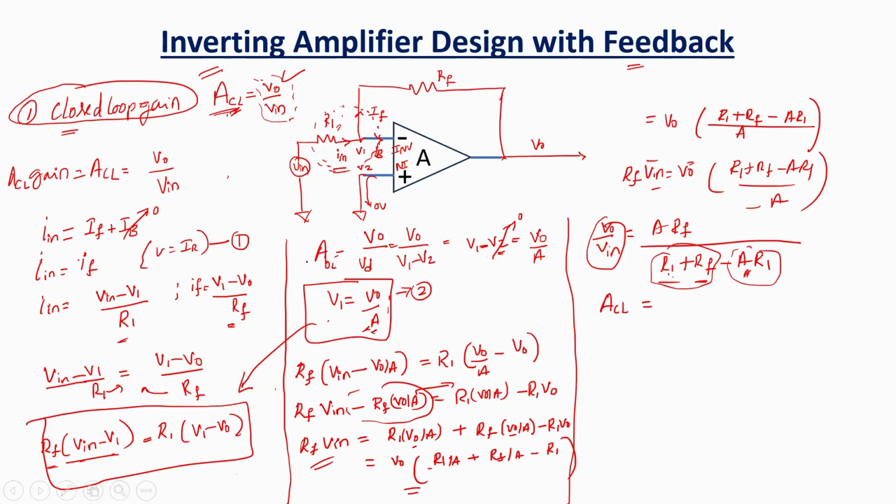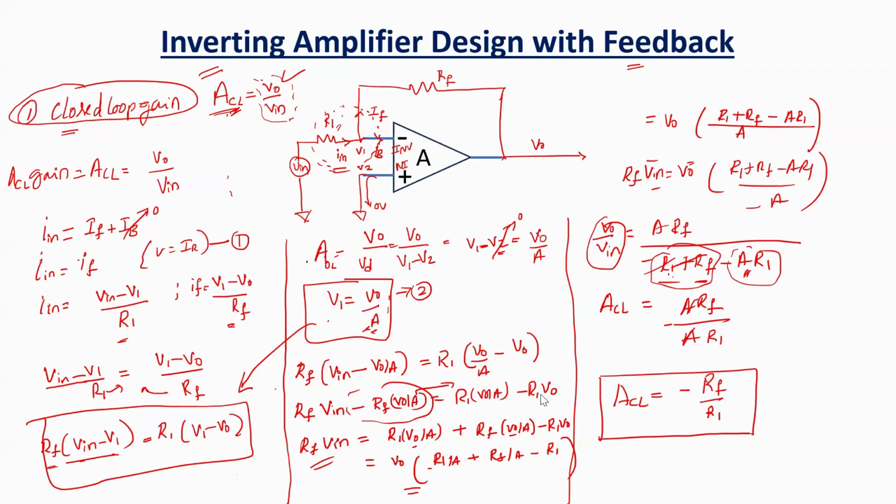So the value will be very huge compared to this resistor; this is negligible, so I am going to neglect it. Minus is there. Don't forget to take that sign always. A and A cancel. Closed loop gain is nothing but minus RF divided by R1. This is the formula for the closed loop gain.